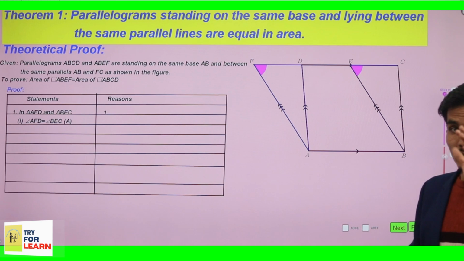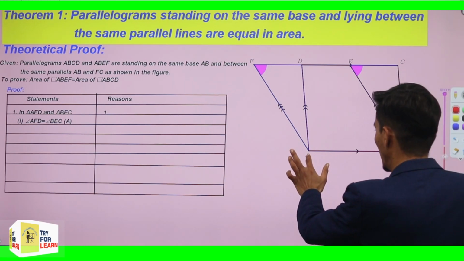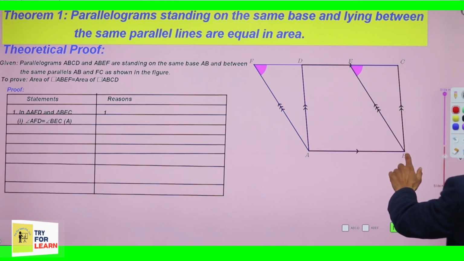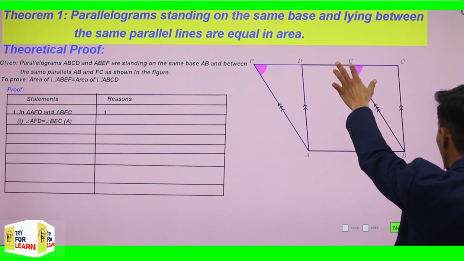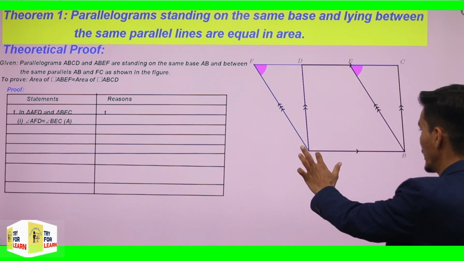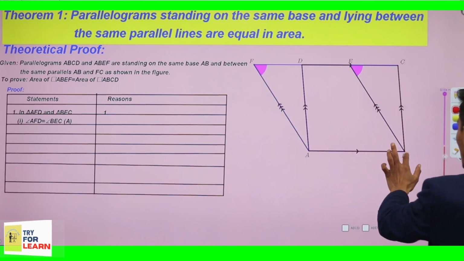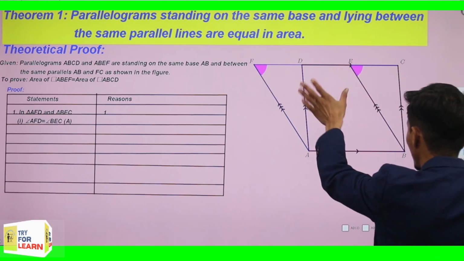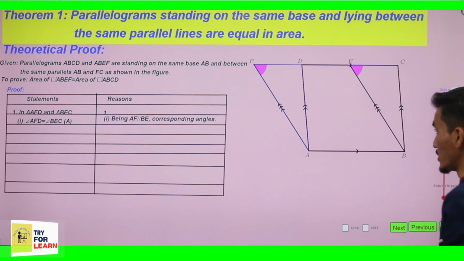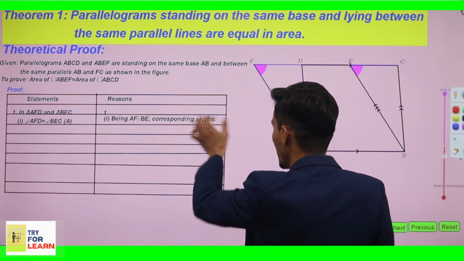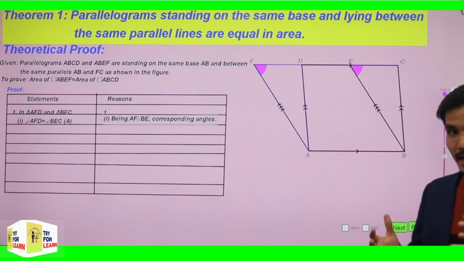In the figure, angle AFD is equal to angle BEC. These two angles are equal because AF is parallel to BE, so these two angles are corresponding angles. So the reason is AF parallel to BE, corresponding angles.